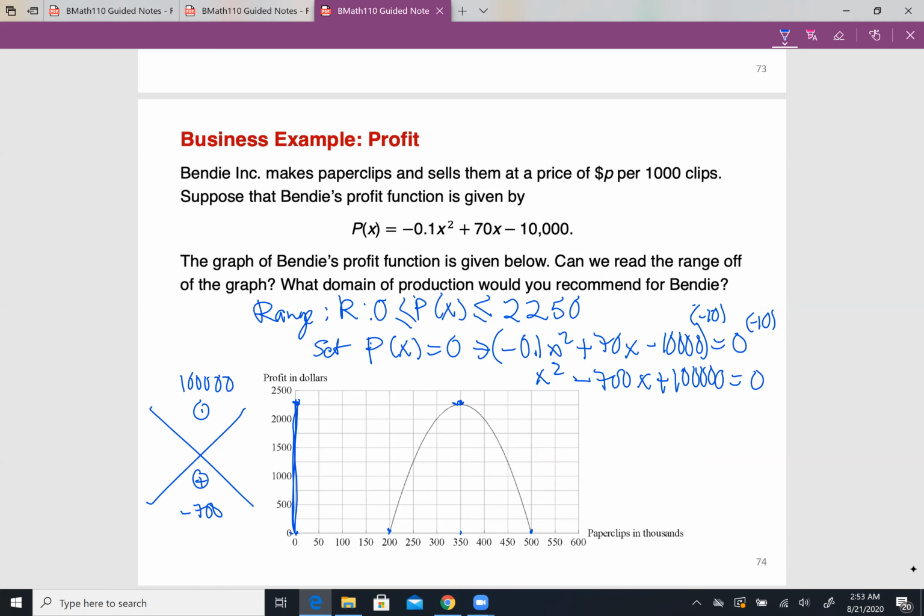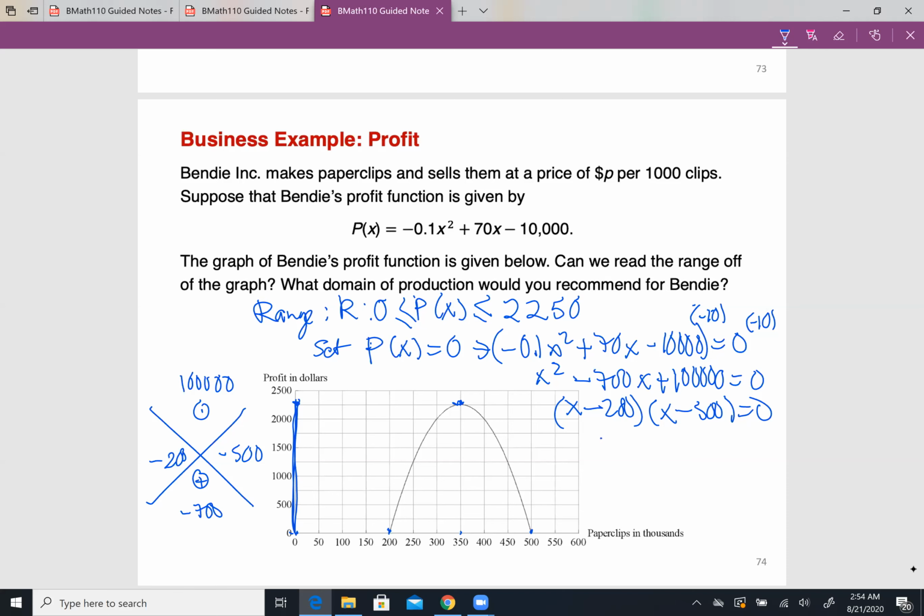So you can say negative 200 and negative 500. Those are the 2 numbers that you need. So then you factor this as x minus 200 times x minus 500, which equals 0.